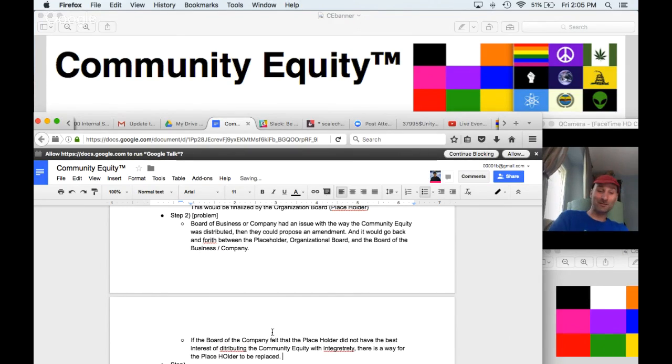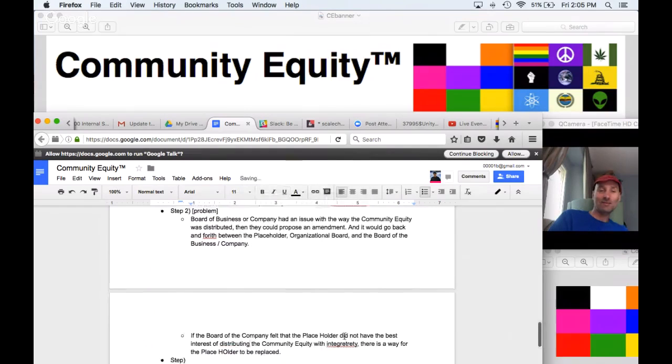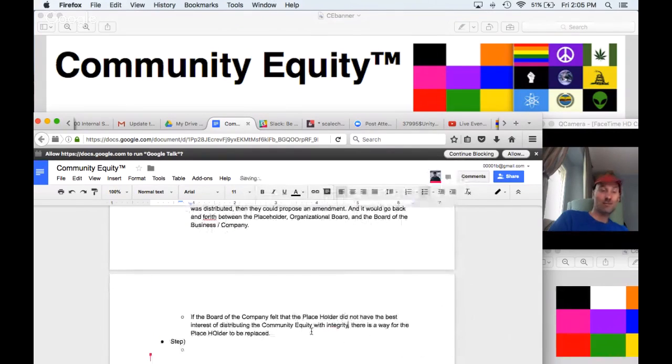The placeholder will be replaced. So the key thing here is that the board has a lot of power. The business board or company board has a lot of power over the community equity, specifically the placeholder. The highest level of that power is in replacing, in essence, the trustee or placeholder.